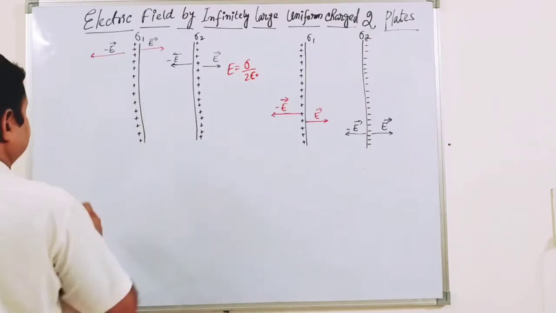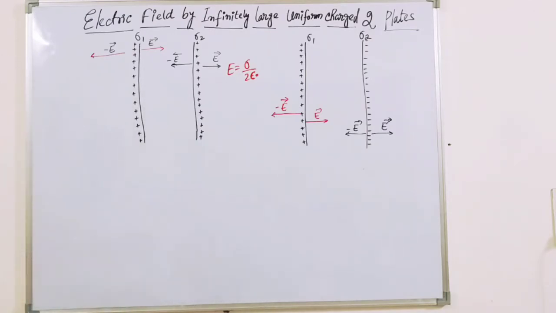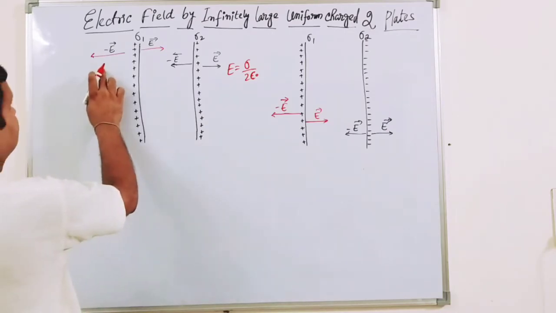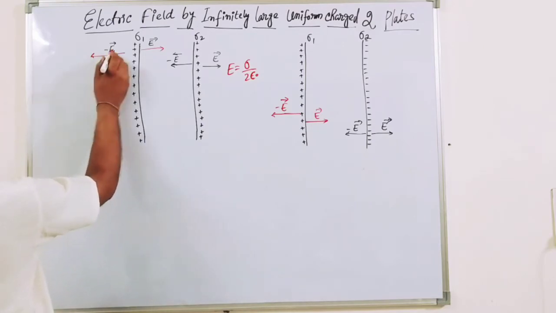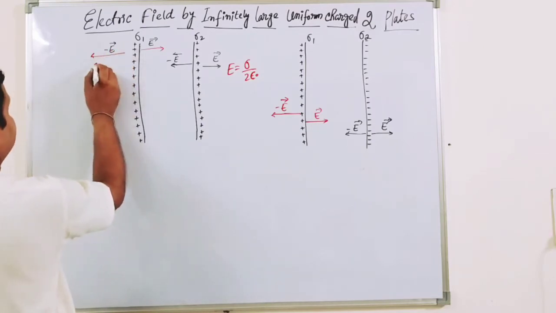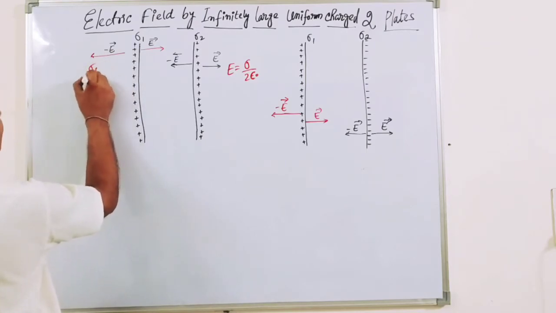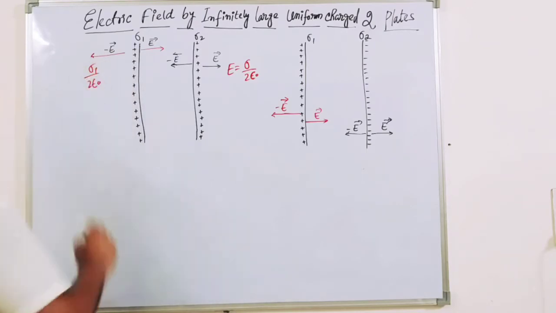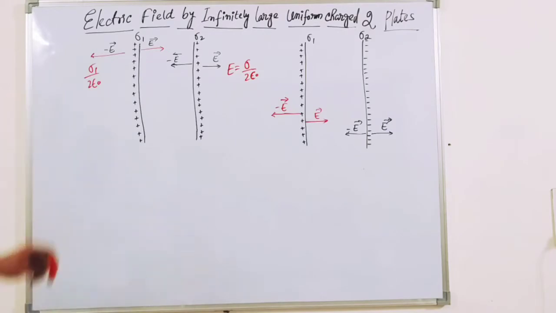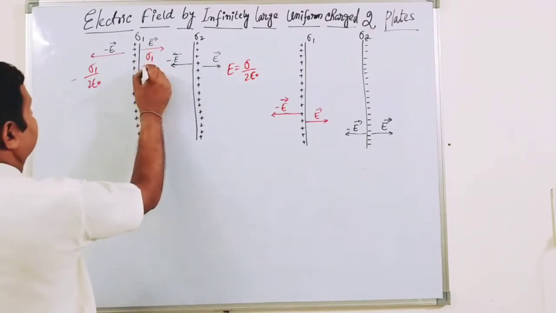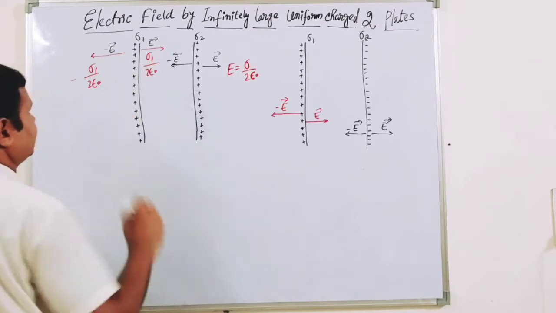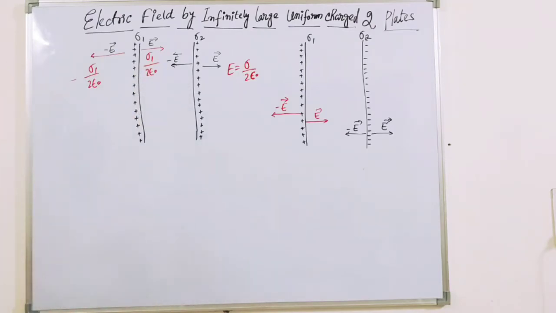So for this one, the electrical field E will be sigma 1 by 2 epsilon naught on this side, and on this side also sigma 1 by 2 epsilon naught, with this one negative.